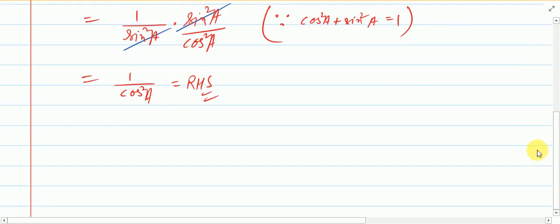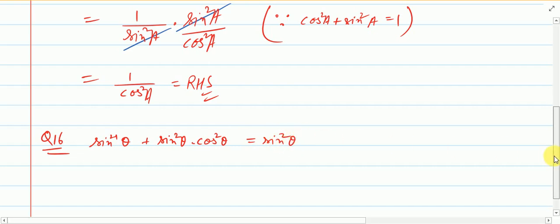Now let us see question number 16. So here question number 16 is sine to the power 4 theta plus sine square theta into cos square theta is equal to sine square theta.